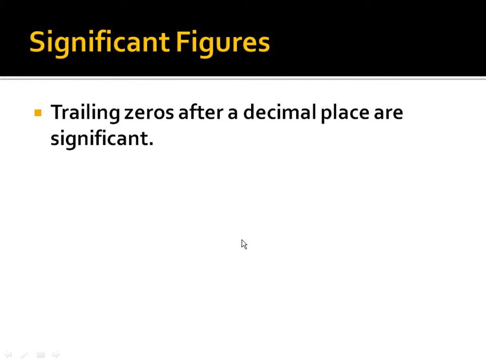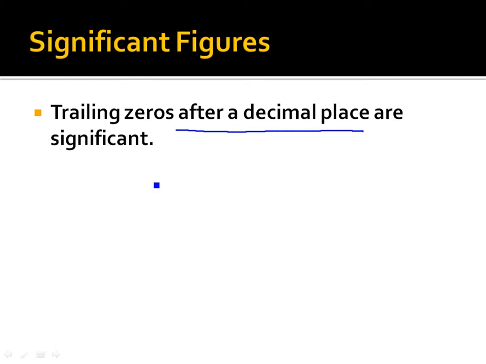Next, we're going to look at trailing zeros, and these are just the zeros at the end of a number, and I like to call them trailing zeros. And they are significant if they are after a decimal place, so this is the key point here. If the zeros follow a decimal place, then they are significant.